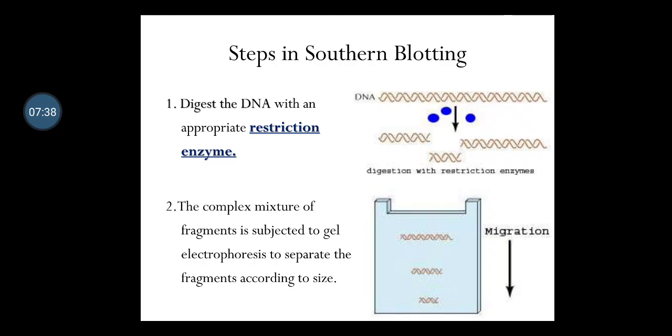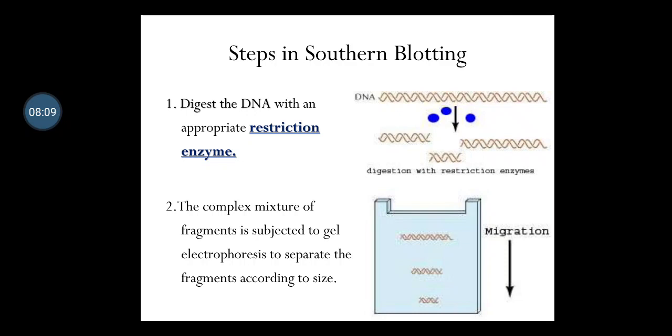The DNA is then denatured into single strands by exposing the gel to an alkaline solution. The gel is added on top of buffer-saturated filter paper, covered with a nitrocellulose filter, and overlaid with dry filter paper.